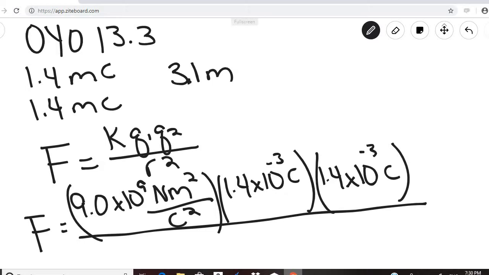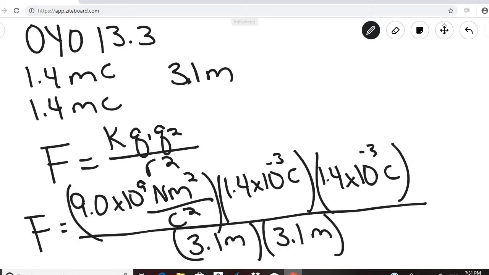And then we'll divide by the radius squared, so 3.1 meters and 3.1 meters. Okay, so we'll see these meters will cancel, the coulombs will cancel, and we will be left with F. I'll go ahead and write F up here. And so what we get for F is 1.9 times 10 cubed newtons.